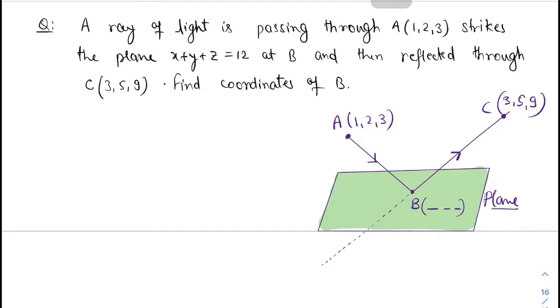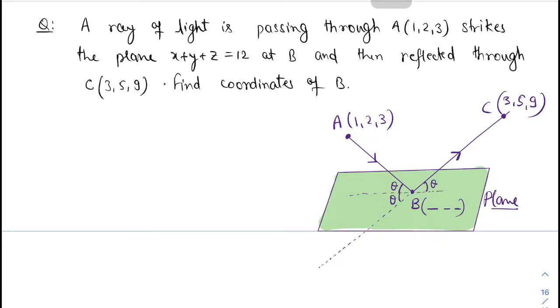So I am extending this line BC in the downward direction, the other direction. You can easily visualize that if this angle is theta, this angle will also be theta, and this angle will also be theta.